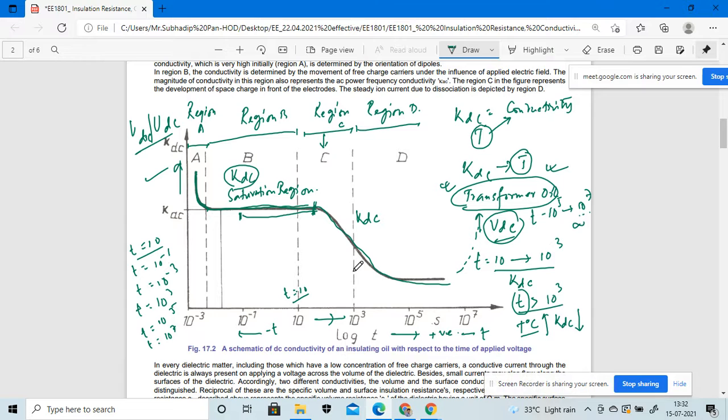Why do we choose the transformer oil? Because the transformer oil has very good conductivity, depending upon the various applied voltages and the various temperatures, and we can see a wide conductivity range in the transformer oil. That is why we choose transformer oil as an example, right?